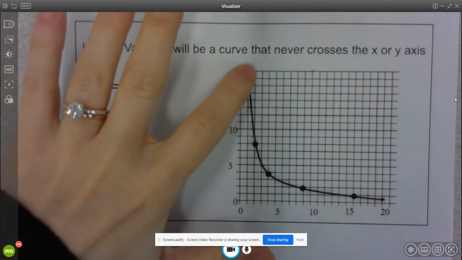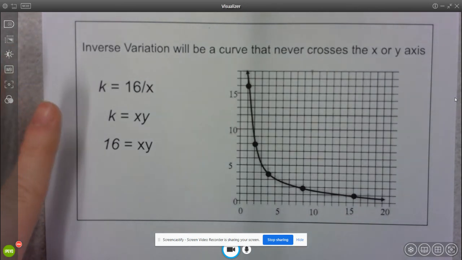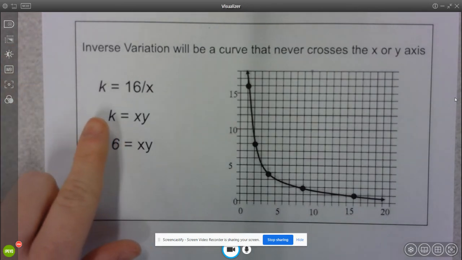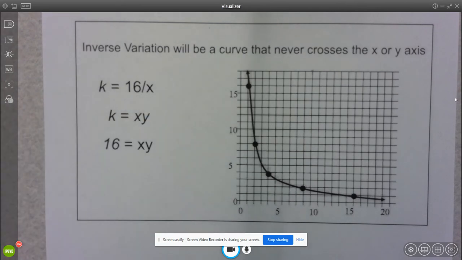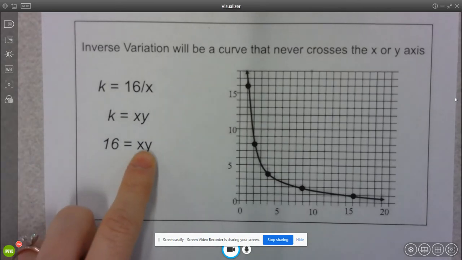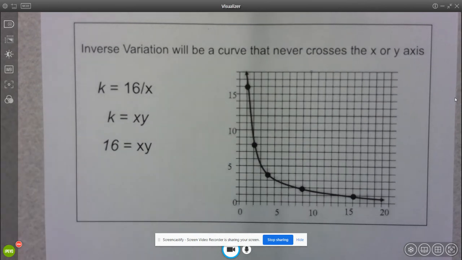Again, it's never going to cross x or y, because if I divide something by 0, that's not valid. It would be undefined. And anything times 0 should be 0, not a value other than that. So again, that would not be true. So I'm never going to have these x or y intercepts.